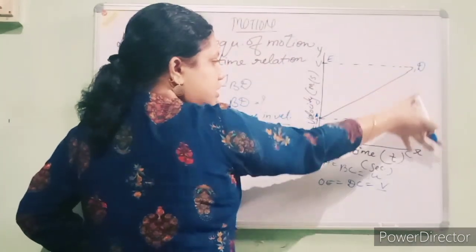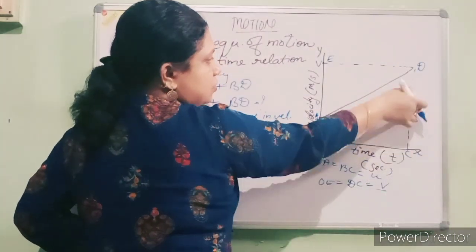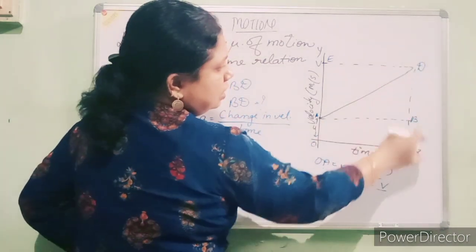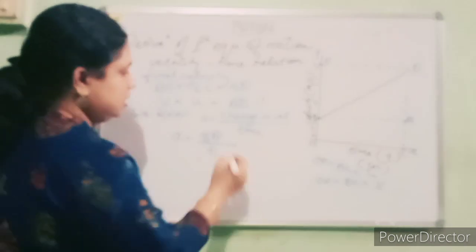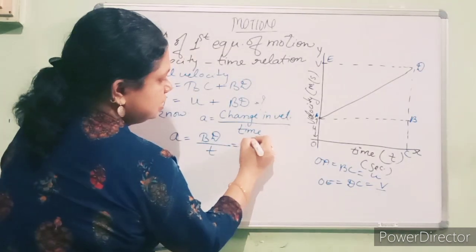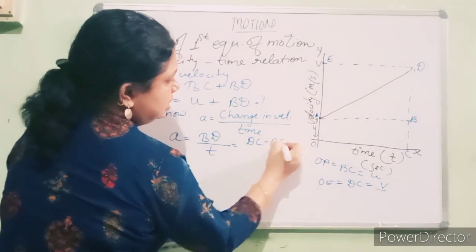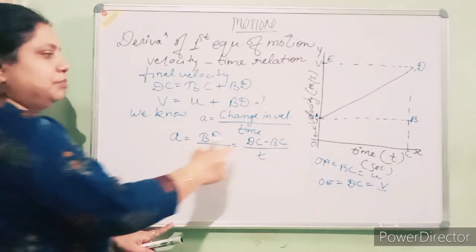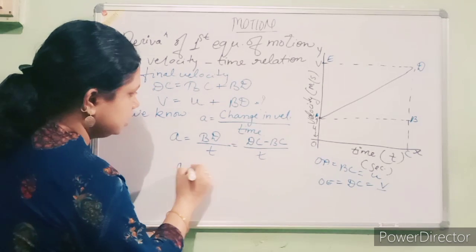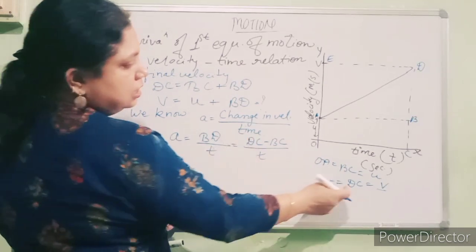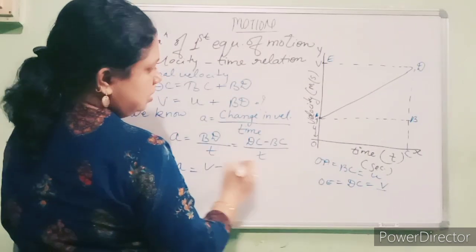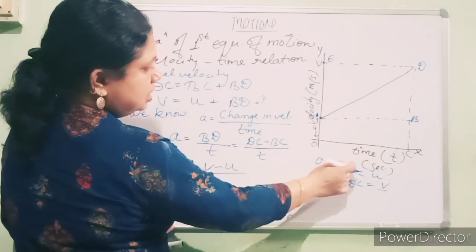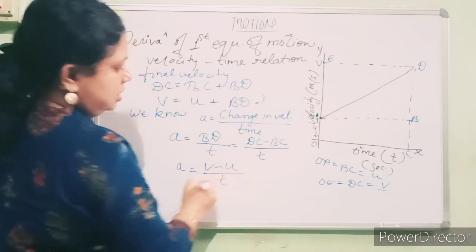This one is BD, this one DC, this one BC. So we can find the BD value by subtracting BC from DC. So we can write a equals DC minus BC upon t. Now we put the values: DC is v, BC is u, and the time is t.